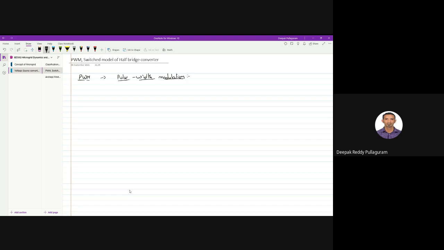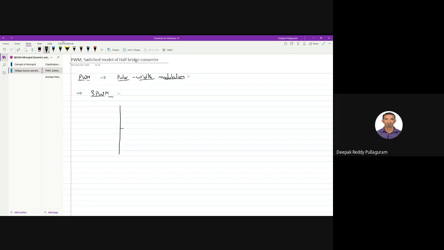Most often what we use is sinusoidal PWM, SPWM. This is the most commonly adopted in industries, so we look into this sinusoidal PWM approach here.